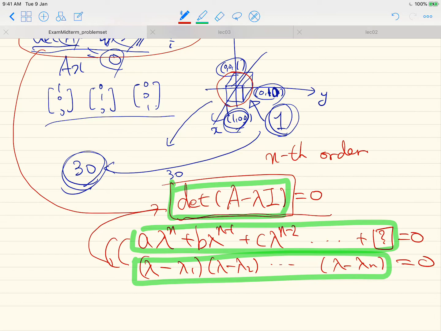And one thing to note here is that these two are the same for any value of lambda. So we actually forget the fact that this is an equation, and we just consider these two different forms.